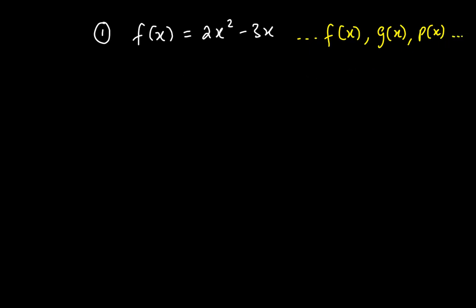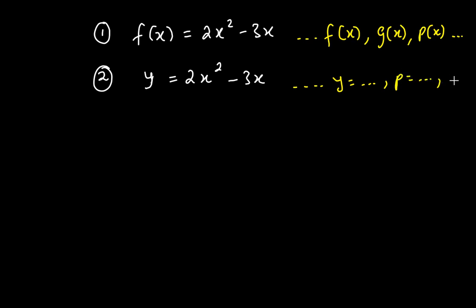All right, and then the equation can also be written like this: y, right, we can write y is equal to 2x squared minus 3x, right? So it means the notation that we are using there is y is equal to something, p is equal to something, any variable is equal to something.